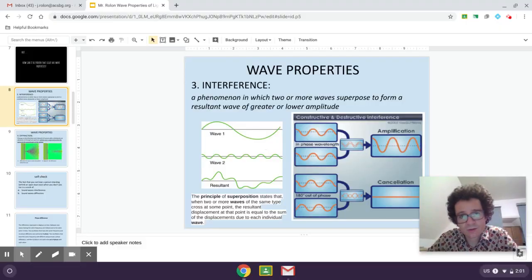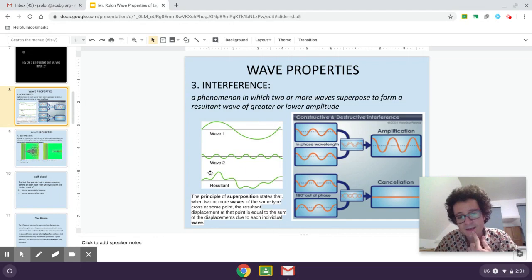So to start to understand what happens over there in the classroom, let's have a look at these two concepts: interference and diffraction. Interference is basically when two waves overlap and form a third wave. So if these two superpose, there's gonna be a resultant wave.